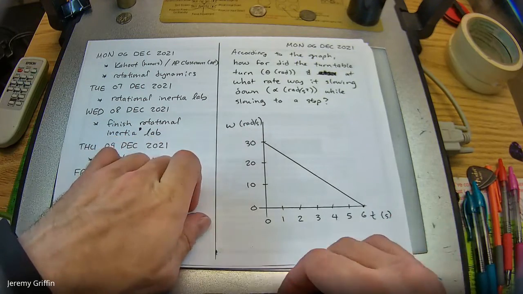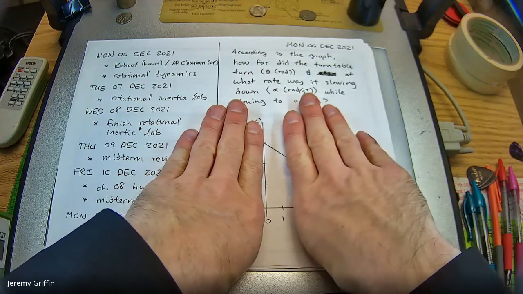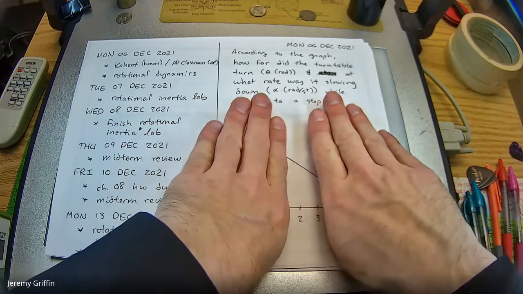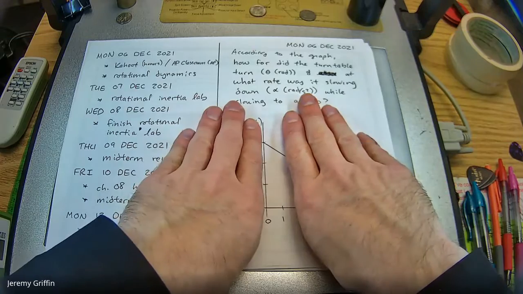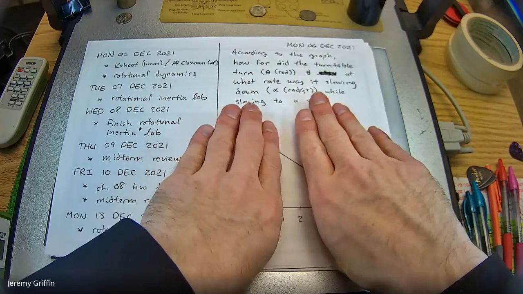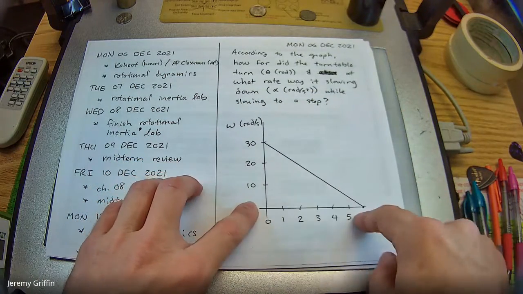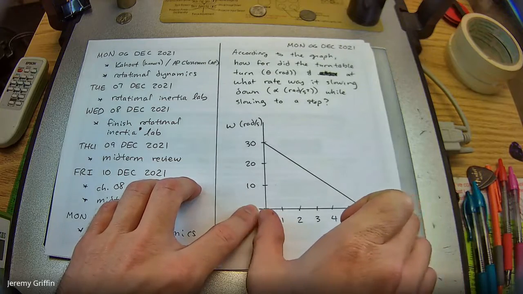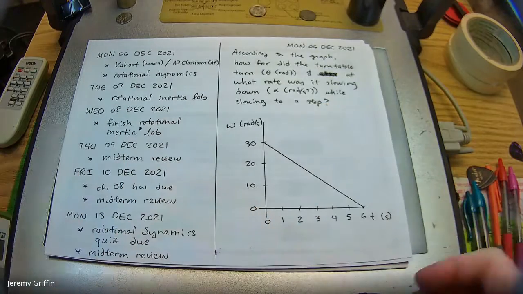In fact, how this is taught in calculus, and I know about half of you are in calculus, is you start by splitting this up into a bunch of tall, skinny rectangles. Distance is speed times time. Of course, this is angular, but same principle: speed times time, speed times time, speed times time. Add it all up, and it just turns into this triangle, one half base times height. So 6 seconds times 30 radians per second divided by 2 is 90 radians.